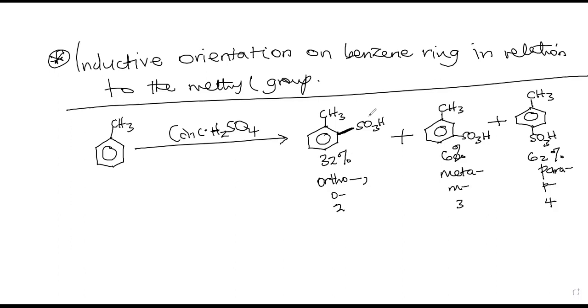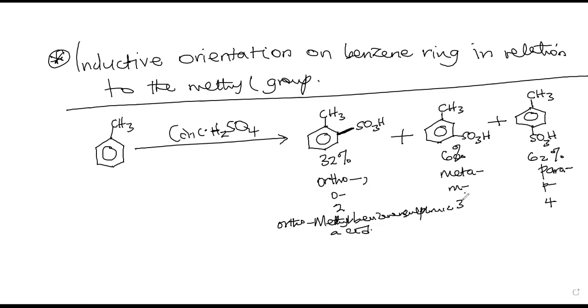For example, for this first isomer, which is a 2-substituted isomer, one can name it as ortho-methylbenzene sulfonic acid.